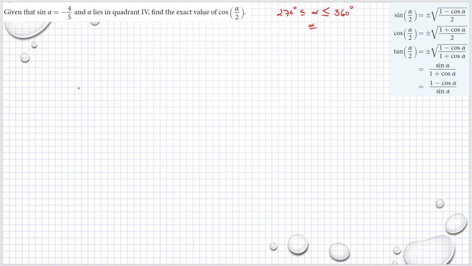So alpha over 2 means 135 degrees to 180 degrees. That means it is in the second quadrant. This is the fourth quadrant, but this is on the second quadrant. Okay?